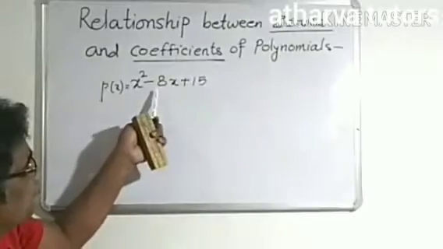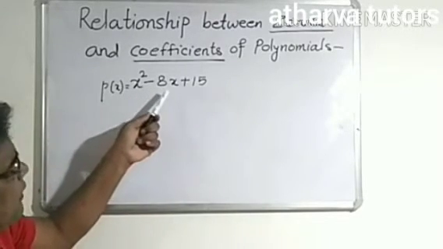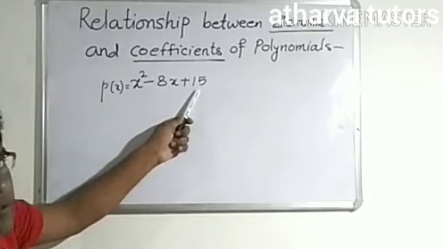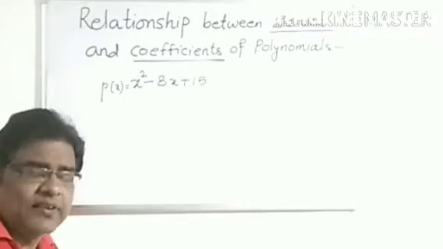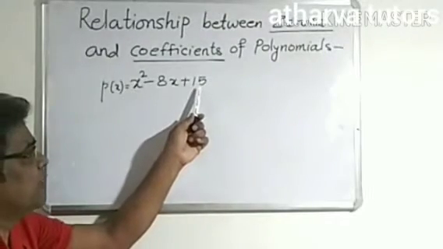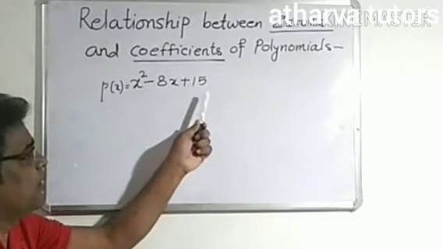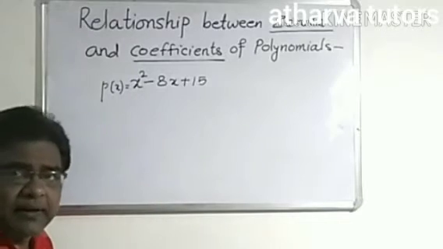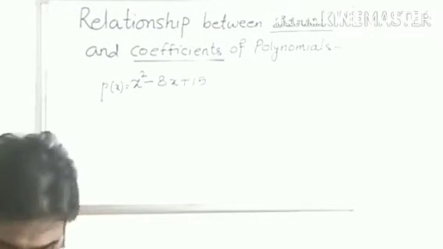You have to split the middle term in such a way that when you multiply, you get 15, and when you add, you get minus 8. So let us see how we will do this.